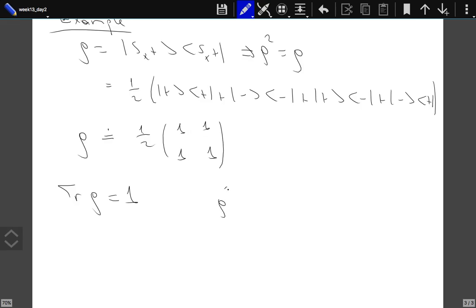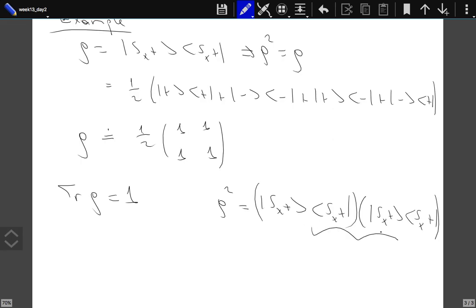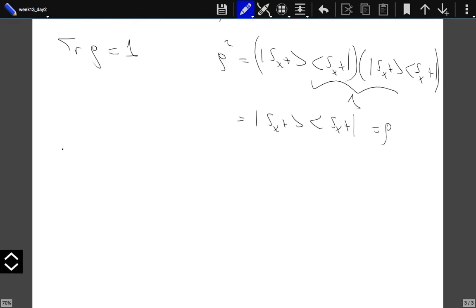Let's show that rho squared is equal to Sx plus times Sx plus. Well, this is 1. So rho squared is Sx plus, which is nothing but rho. So once you notice this, the trace of rho squared is trace of rho, which is 1.